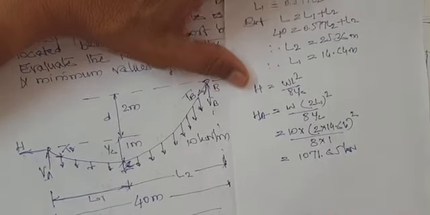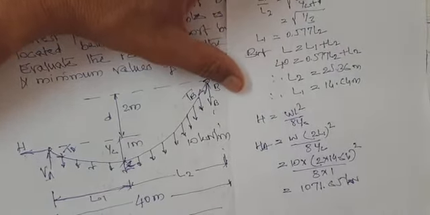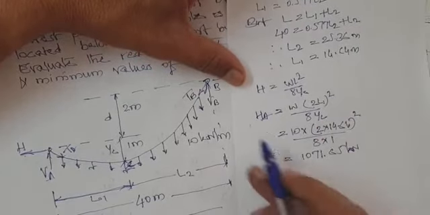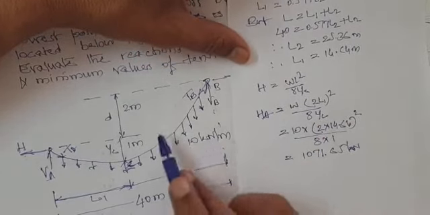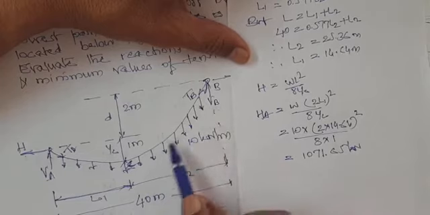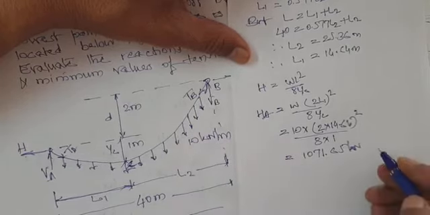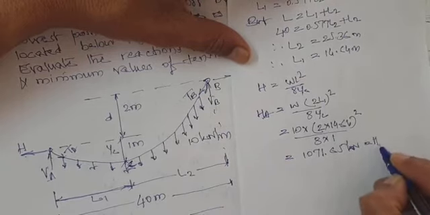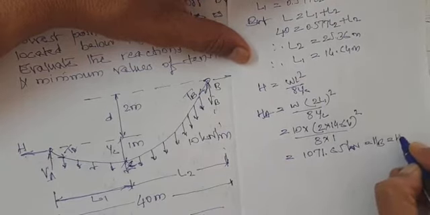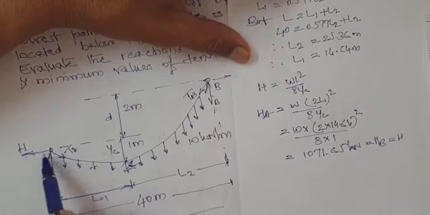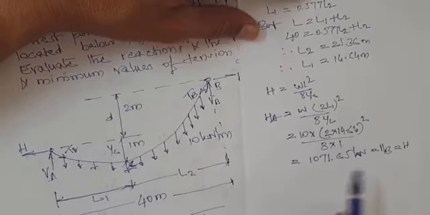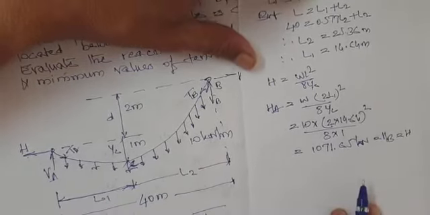Okay. So first you have to get L1 and L2. Once you get the values of L1 and L2, you need to calculate HA and HB. For a cable carrying purely vertical load, the horizontal reaction at both supports will be the same. So this is also nothing but HB, or you can say H, because sigma Fx equals 0. So minus HA plus HB equals 0, hence HA equals HB.